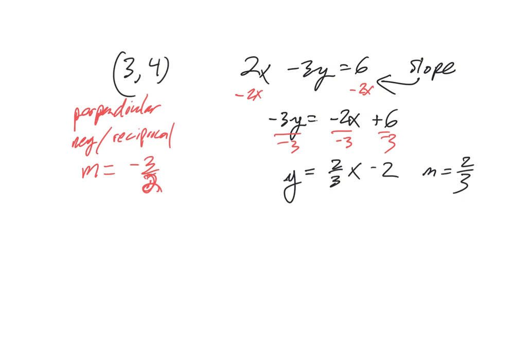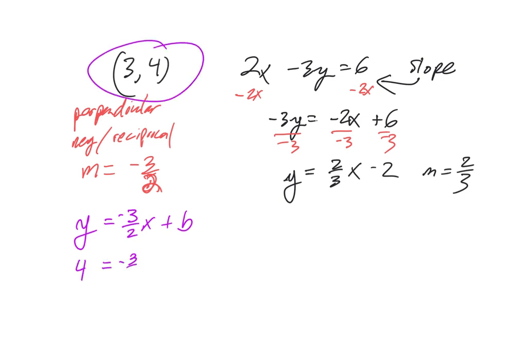So now to work through this problem, I know that it goes through 3, 4, and the slope is negative 3/2. Many of us will do this as our process. y equals m, negative 3/2, x plus b. I plug in the x and the y that I know from up here. So the y value is 4 equals negative 3/2 times 3 plus b, because the x was 3. And so this would be 4 equals, and 3 is the same as 3 over 1, negative 9/2 plus b.